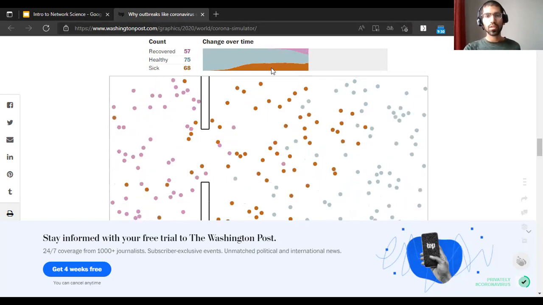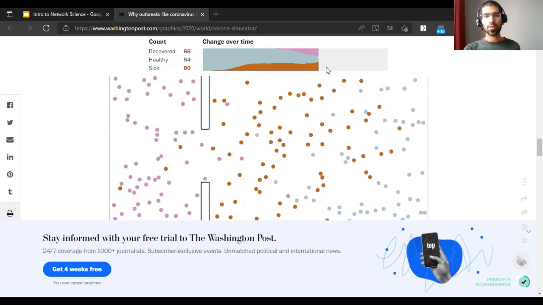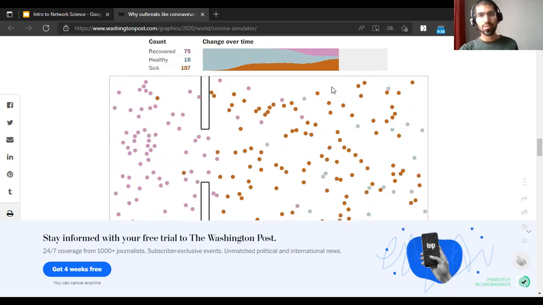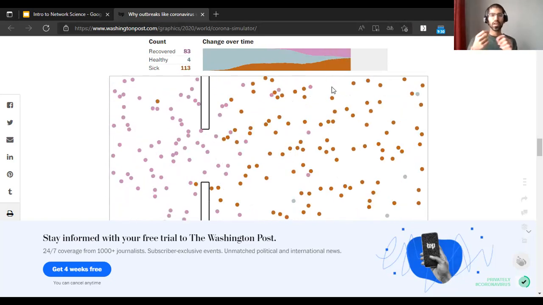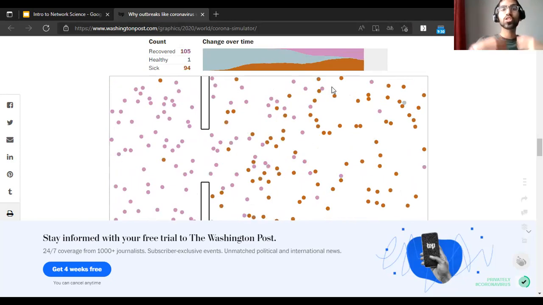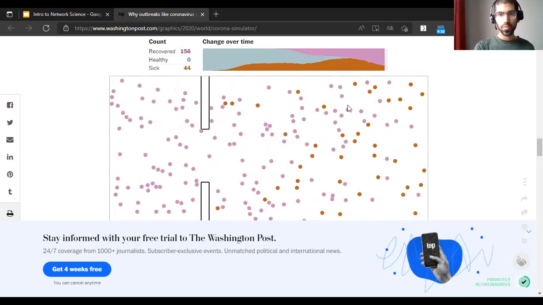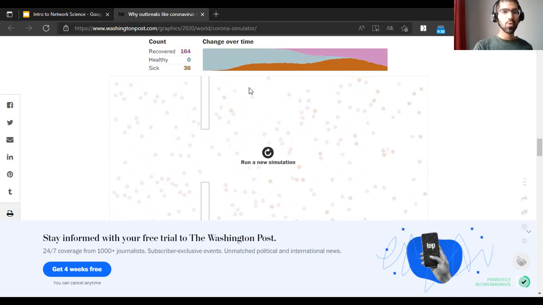But overall, there's a smaller number of people infected at any given time. So that's an example of how you change the actions of the individual nodes, and it changes the overall effect on the entire network. So this is a cool article. I won't go through the rest of it right now, but it's a cool application of network science.